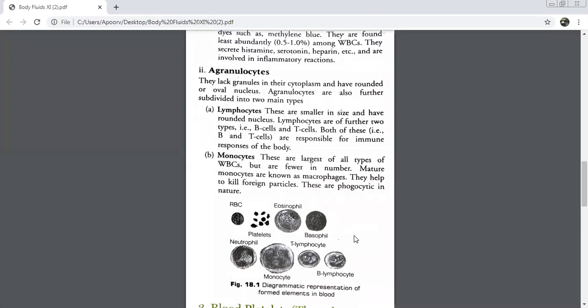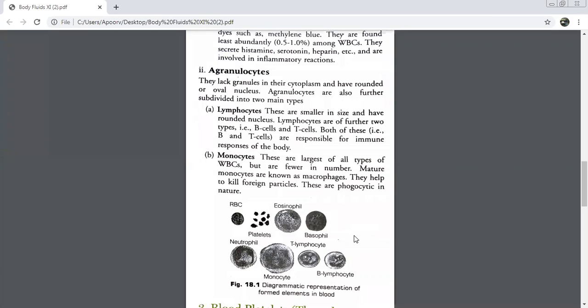See, beta, the T cells can recognize only viral antigens, and the B cells can recognize both the antigens of bacteria and virus.